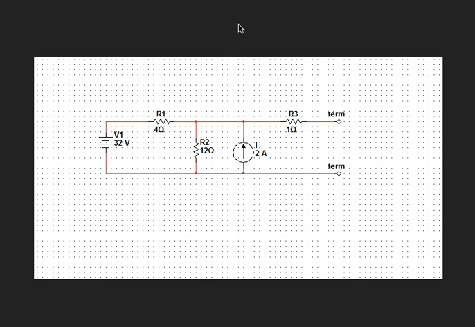Hello guys, today I'll be showing you how to calculate the Thevenin's equivalent circuit for this particular circuit that I have here. To calculate Thevenin's equivalent circuit, we need both the R Thevenin and the V Thevenin values.